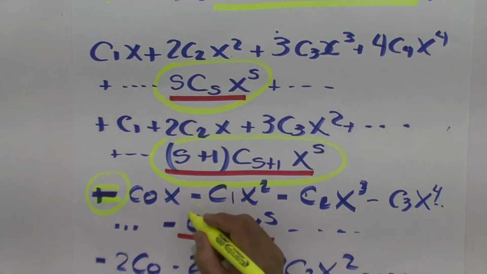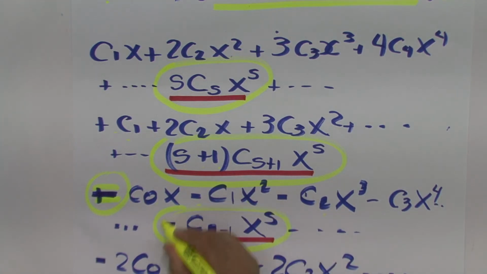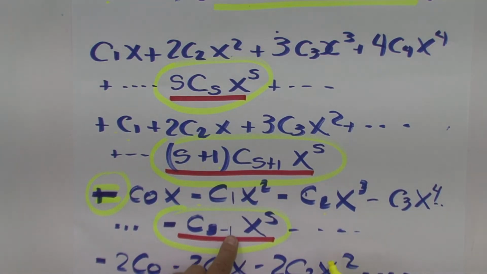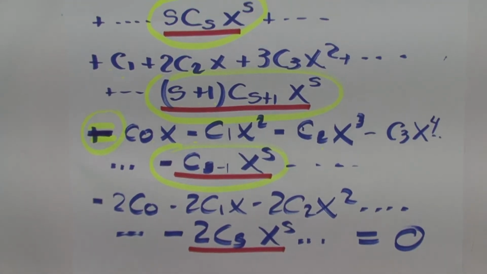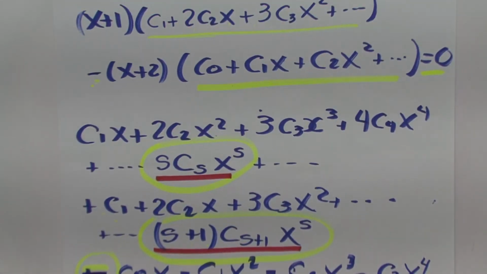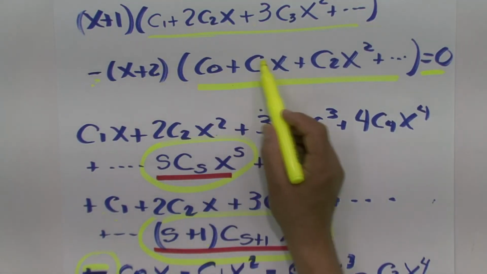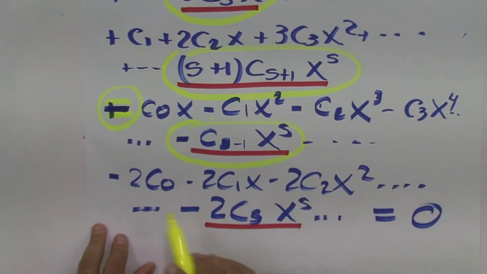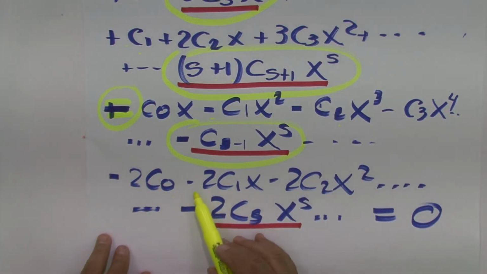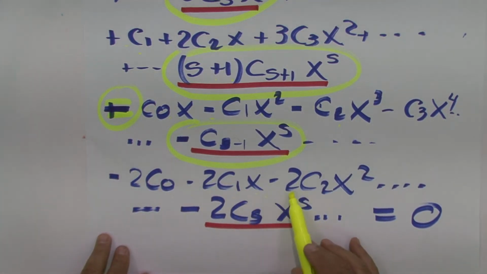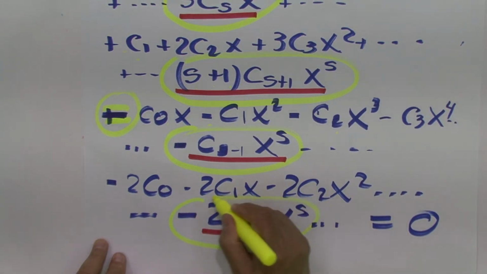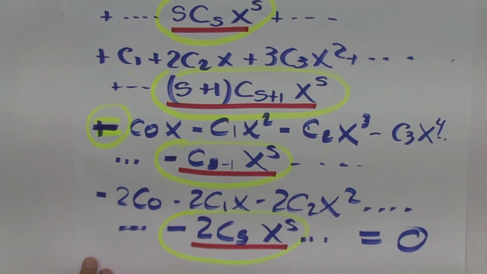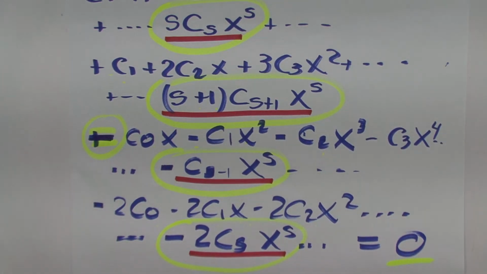And this also has a generic term, which is C(s minus 1) times x to the s. And then the final term, which is 2 times this whole term, which is minus 2C0 minus 2C1x minus 2C2x squared, which also has a generic term. It's 2 times the series. And this must be 0.